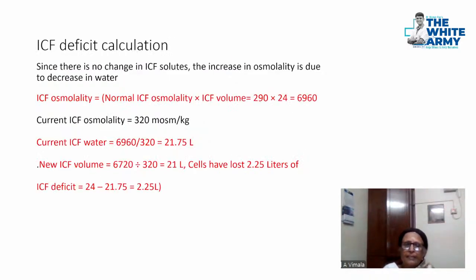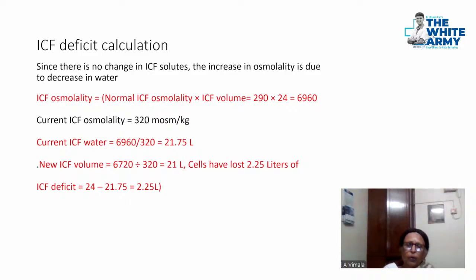Cells are impermeable to solutes, so the solute cannot enter from the ECF to the ICF and correct the osmolality. So essentially, the water has to come out. So we said the ICF osmolality is normal. For that, we should calculate the total ICF osmolality in the normal state. The normal osmolality is 290 and ICF water is 24.